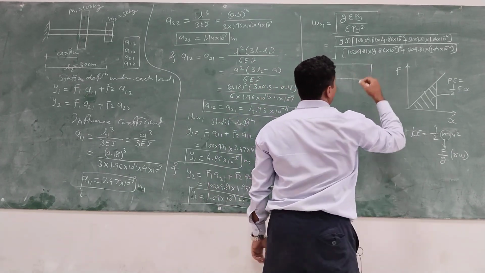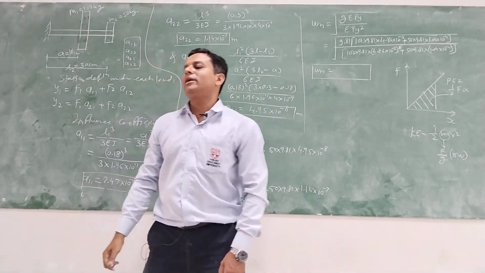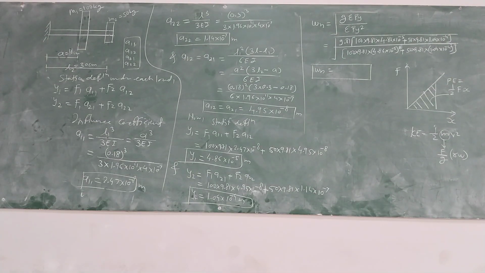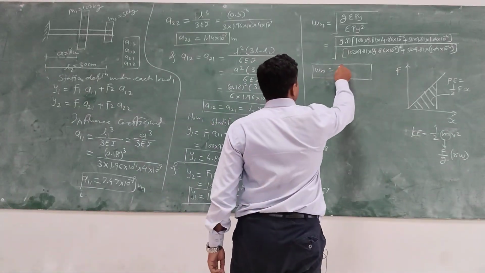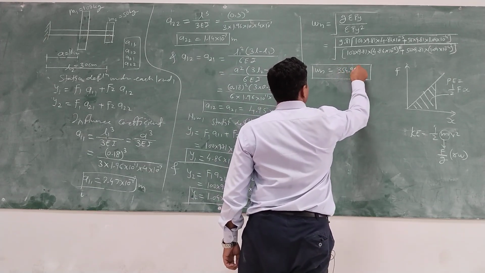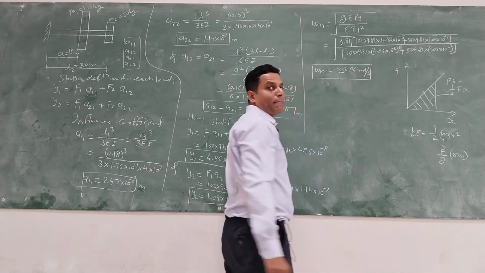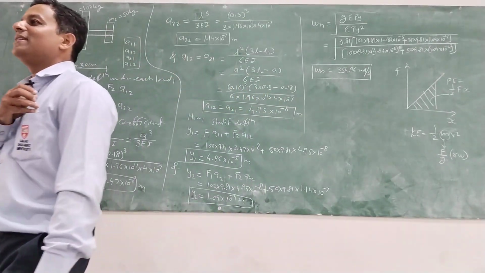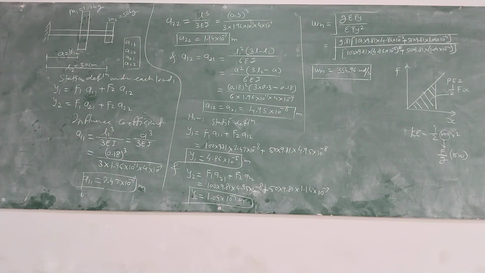You will get the natural frequency of vibration for this multi-degree of freedom system. Okay, the answer is 354.96 radian per second. Solve this one, you will get this answer 354.96 radian per second.